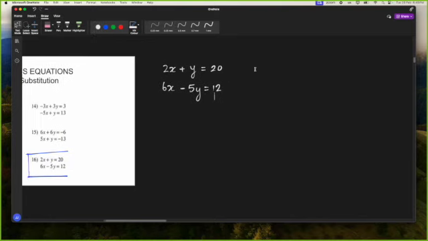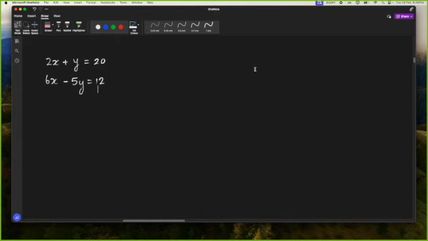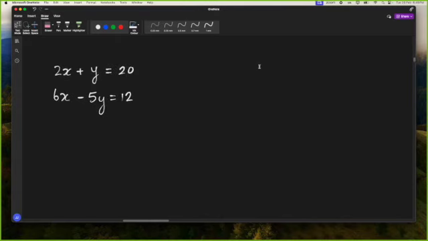Notice none of the coefficients are the same. So you have to choose who do you want to eliminate, x or y, and then you multiply by the numbers accordingly. In this question, I could give you a hint.